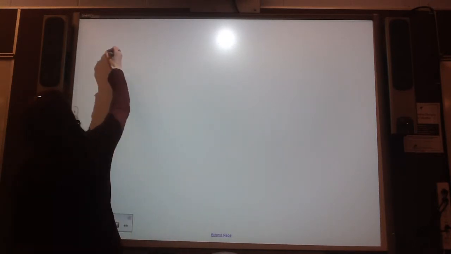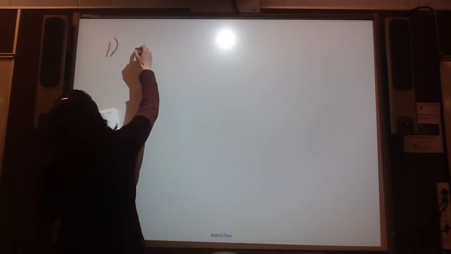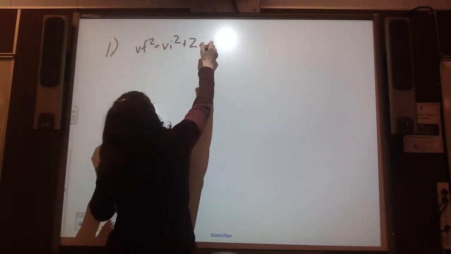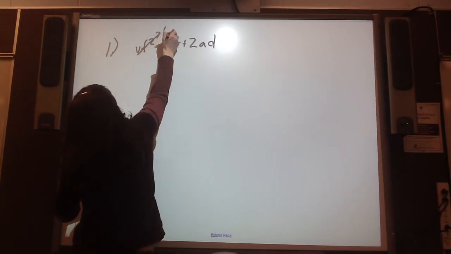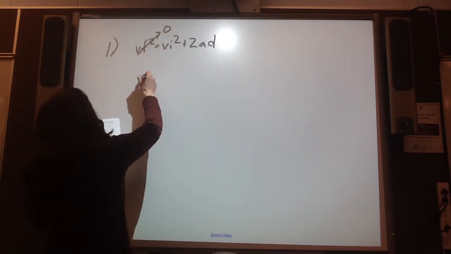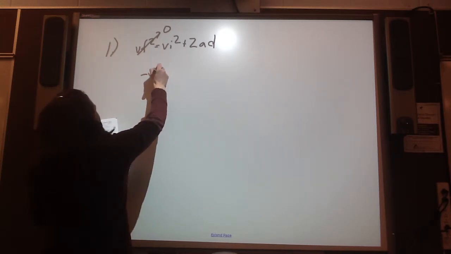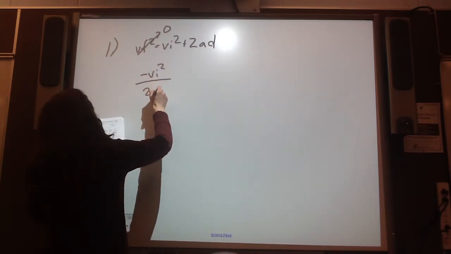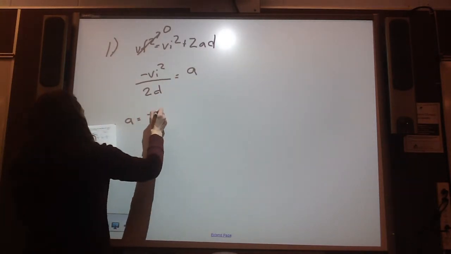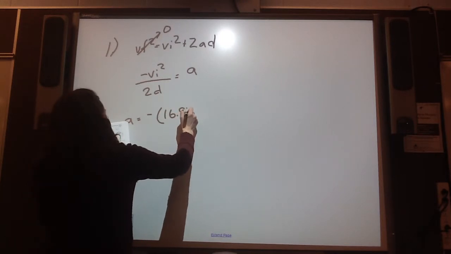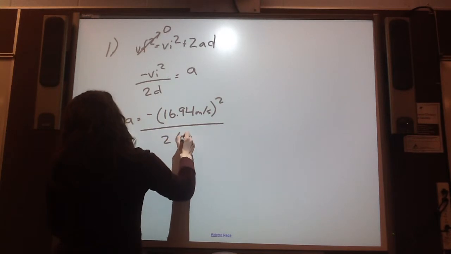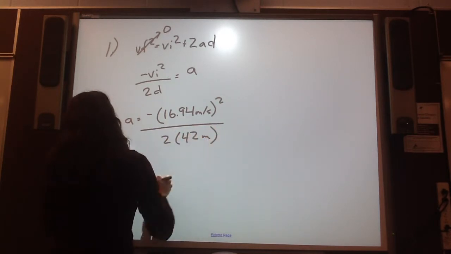Okay, so now here's part 1. Vf squared is equal to Vi squared plus 2ad. Vf is 0, and I'm solving for a. So I want a by itself, so I put my Vi squared on this side, divided by 2d, is equal to a. So a is equal to negative 16.94 meters per second, squared, all divided by 2 times 42 meters.